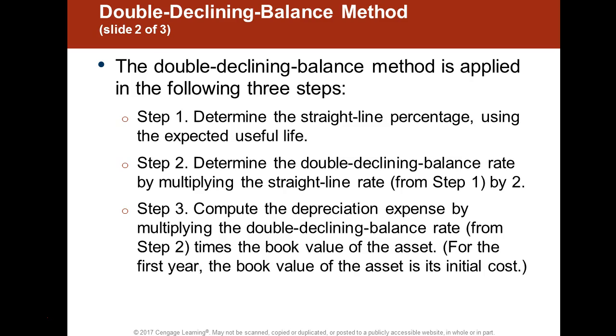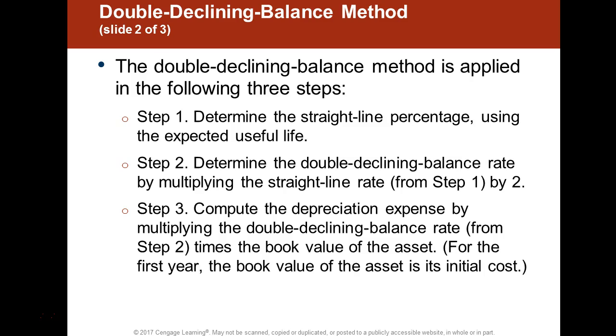Notice that my depreciation expense for the first year is very different from my units of production method, which I gave you an example of a few seconds ago. $4,000 versus $900 in depreciation expense. As I mentioned, this particular method, this double declining balance, is an accelerated depreciation method, and you will see the depreciation expense to be much, much higher than the straight line method.